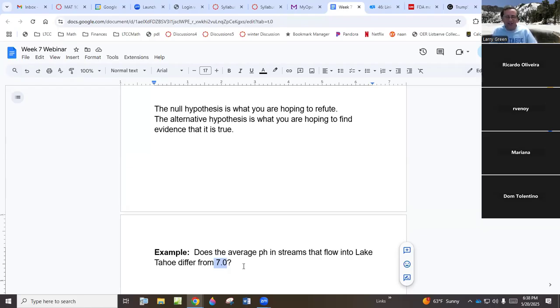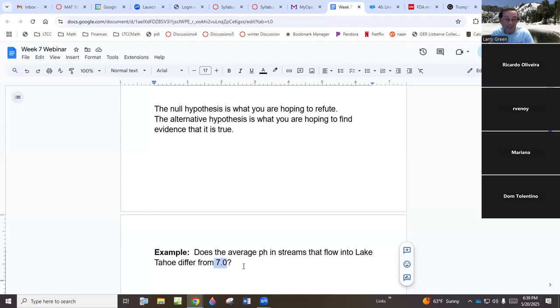If the pH is not 7, if it's like 4, then it's very acidic and it kills everything. The same thing if it was 10, it's very basic and it kills everything. So this is a kind of environmental testing to look at whether the environment is a problem in Tahoe. Does that make sense?